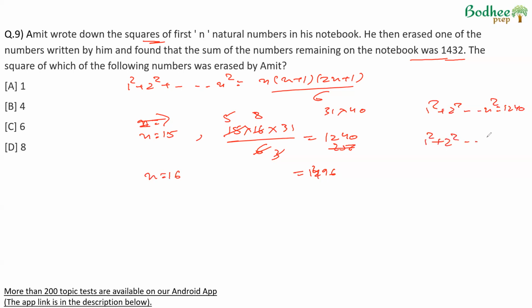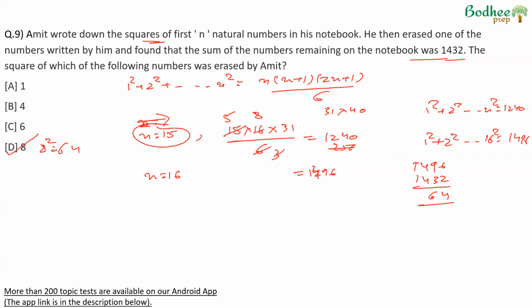But the squares till 16 have been written, so the sum would have been 1496. But it is 1432. That means 1496 minus 1432, which is 64, has been removed. The square of which number has been removed? 64, or 8 square, has been removed from the numbers to get a value of 1432.